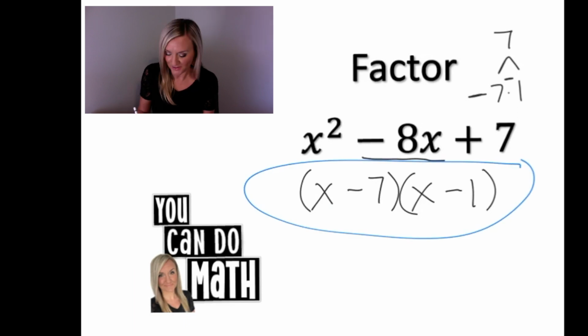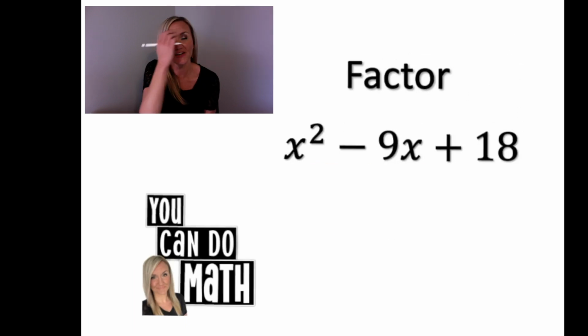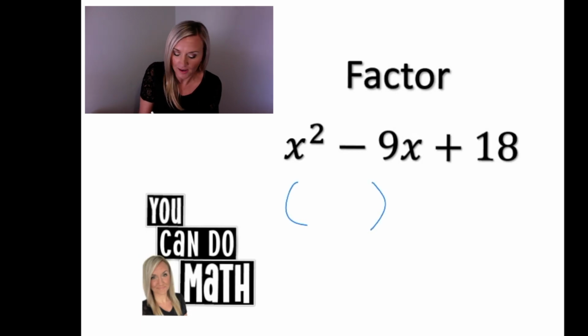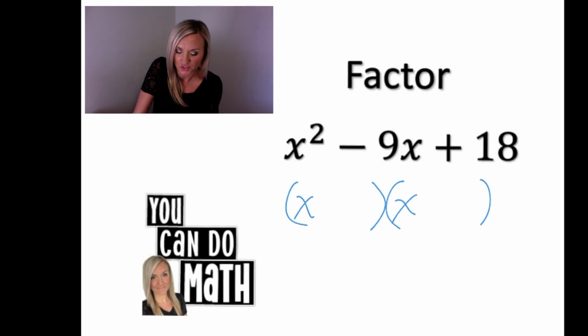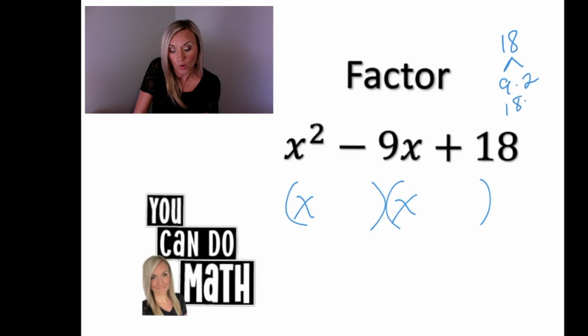All right, question number 3. Here we go. x squared minus 9x plus 18. You know me, I'm going to draw 2 parentheses right away and write in my x's. Look at that last term. It is 18. So 18 would be 9 and 2, 18 and 1, 6 and 3.